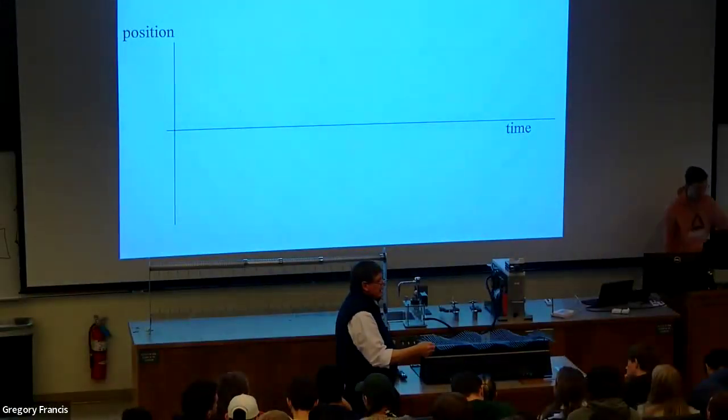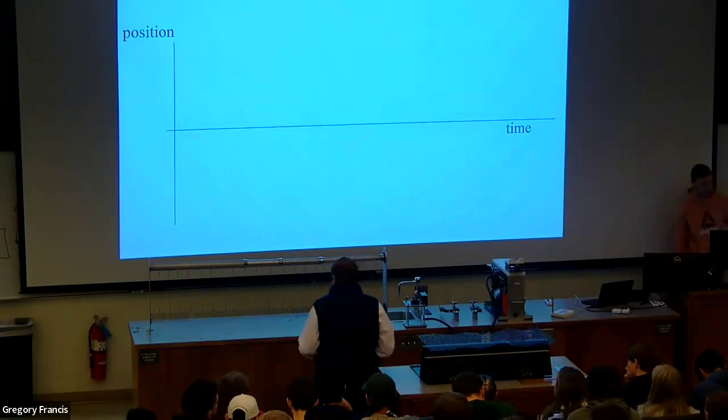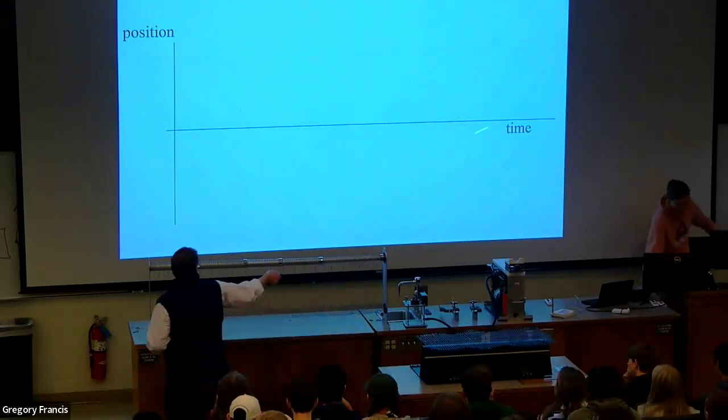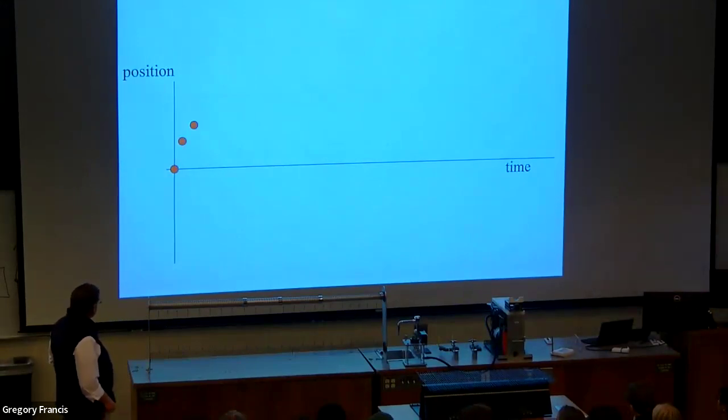Well, as the wave goes by, that ribbon goes up, it goes down, it goes up, it goes down. And if I were to plot that as a function of time, I would see that it went up for a while, and then it went down for a while, and then it went up for a while, and then I got really bored with this, and I just didn't take very many points.